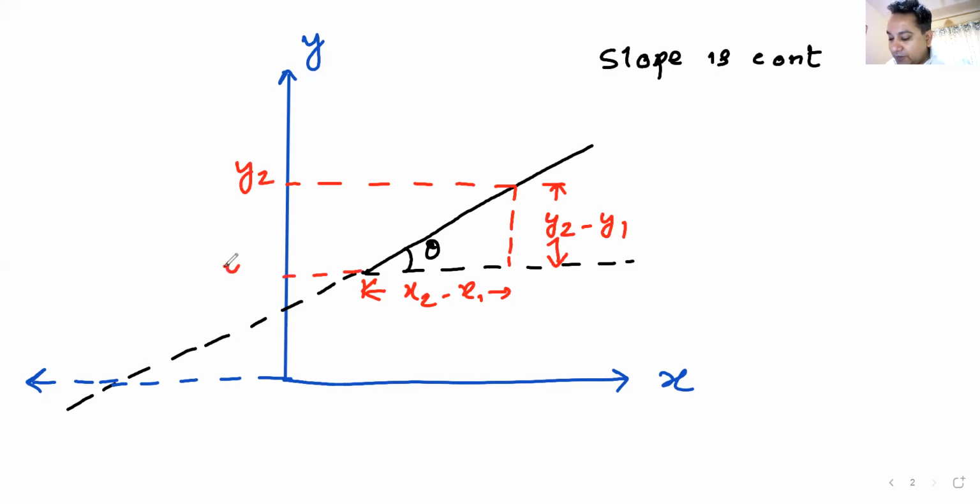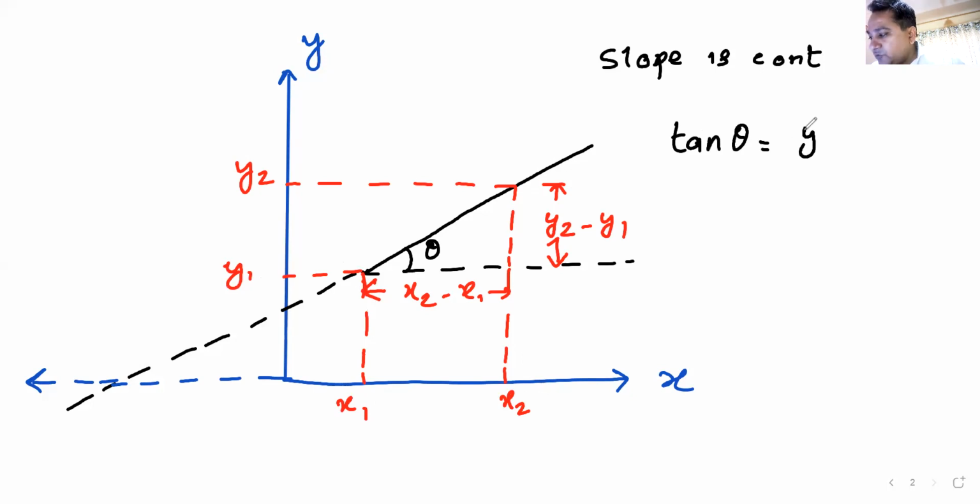This was y1. I've drawn the entire diagram on one sheet so that you can understand. This was x1 and this was x2. Okay, and then we had written its slope in this way. Tan theta is y2 minus y1 divided by x2 minus x1.